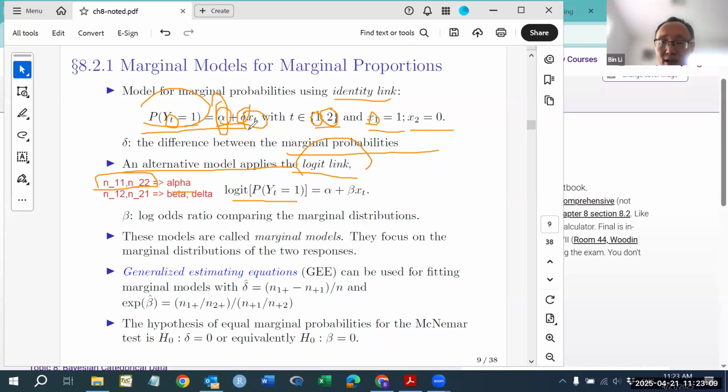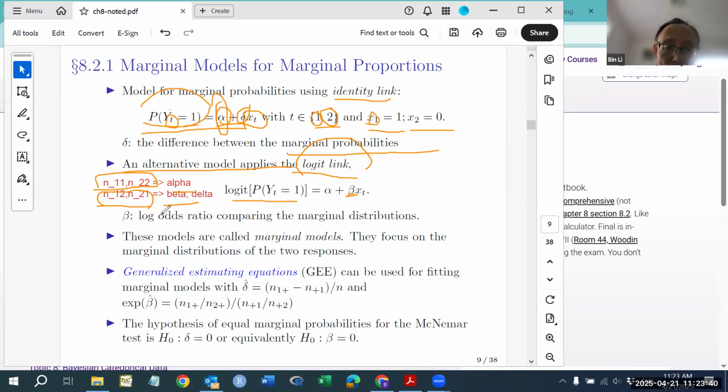But delta and beta are about the difference between the two questions, in terms of the probability or the logit. The beta and the delta really come from n12 and n21, the off-diagonals. You see that? We will see more in the next slides.